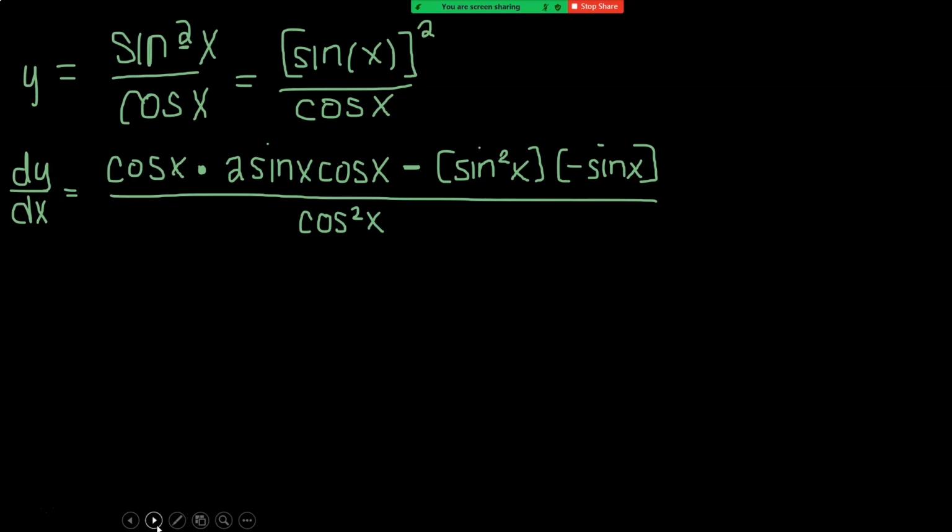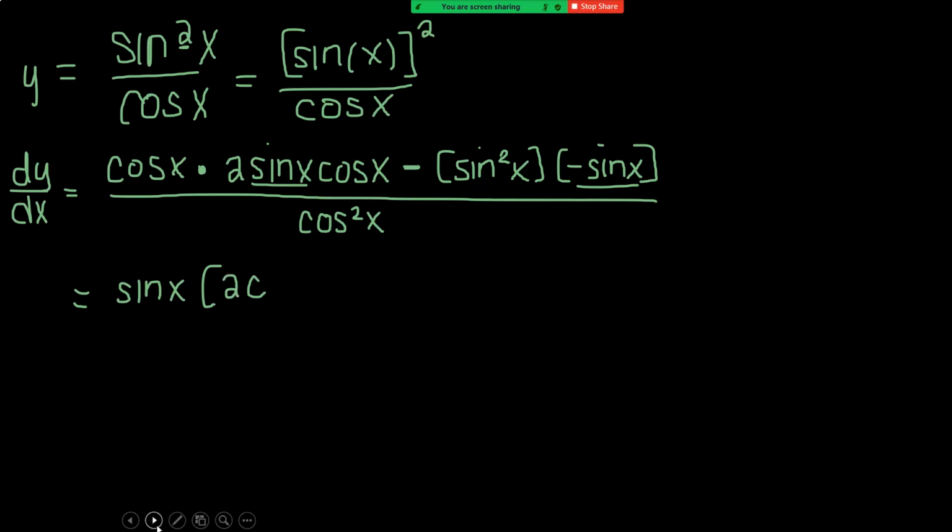So this cleans up. You could factor out, if you wanted, a sine x. I mean, not really, because that 2 is going to mess up making it simplified, but that's what I was looking for. So I was saying, okay, if I take out a sine x, what does that leave me with?